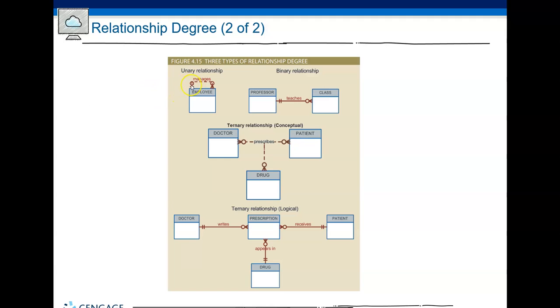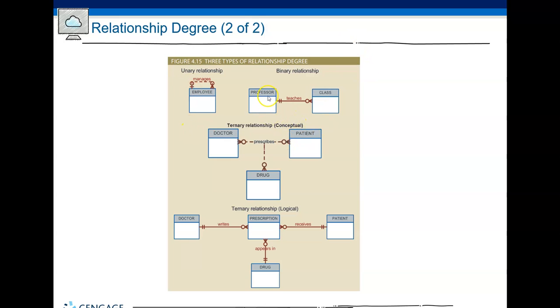If there were 2 bars here, then the relationship would be that every employee has a manager. But if you think about it, it doesn't make sense, because who's the manager for the manager? The boss, like the owner of the company. Who's his manager? If he's considered an employee, the buck stops somewhere. So you would have to have the optional, because eventually there'll be an employee who doesn't have a manager.